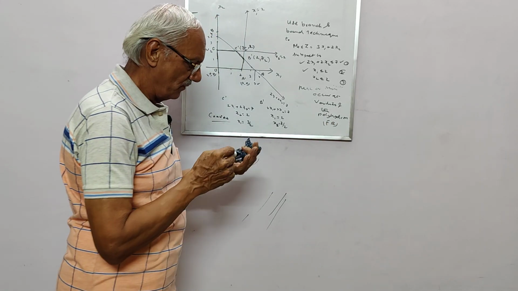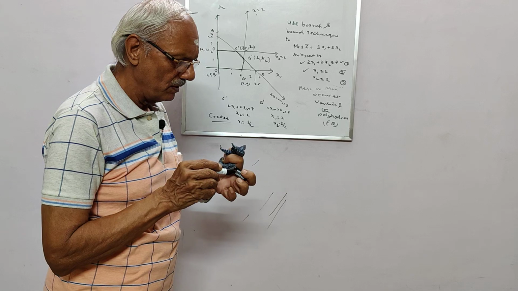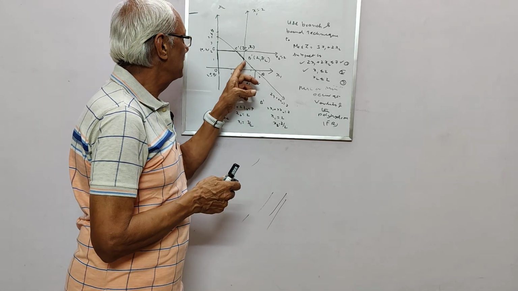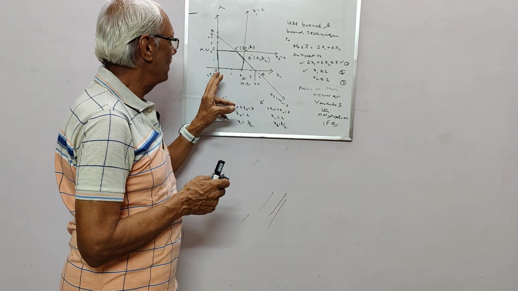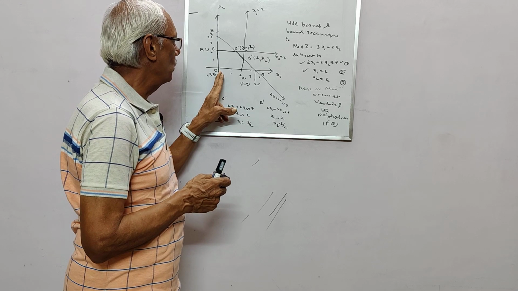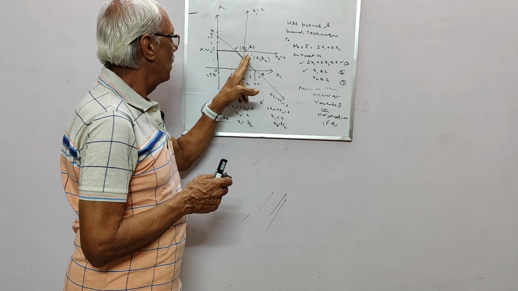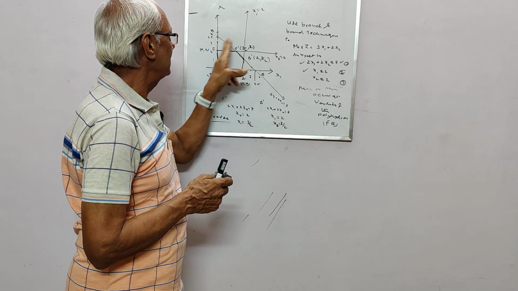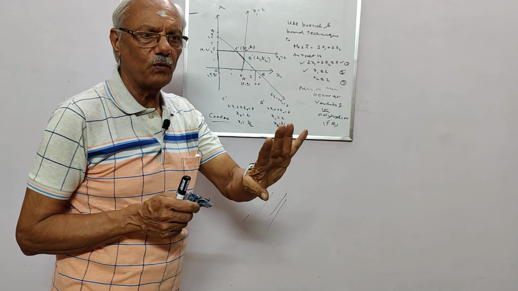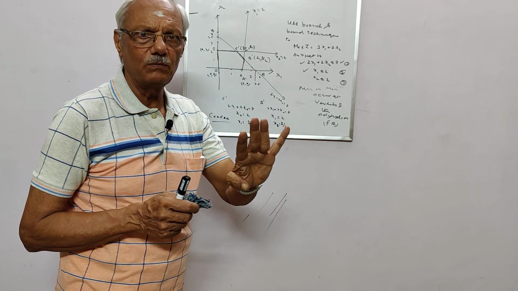So here in this polyhedron, where will you get the maximum? Either at O or at A dash or at B dash or at C dash or at C. These are the points where you will get the maximum.